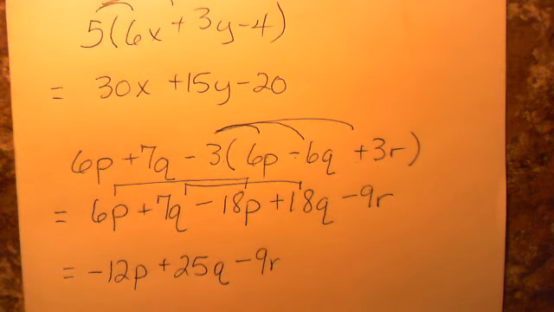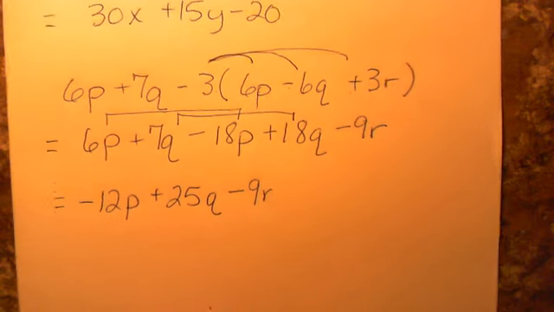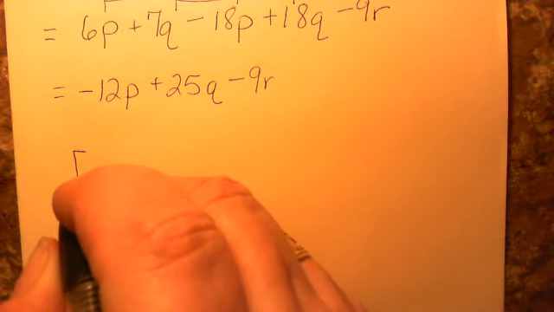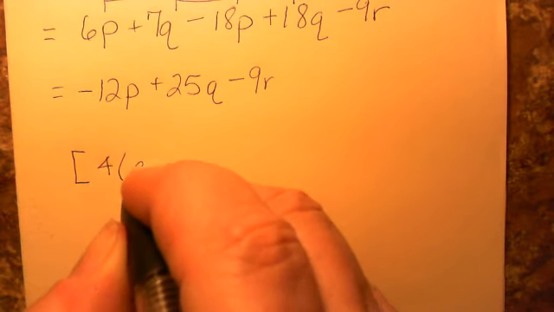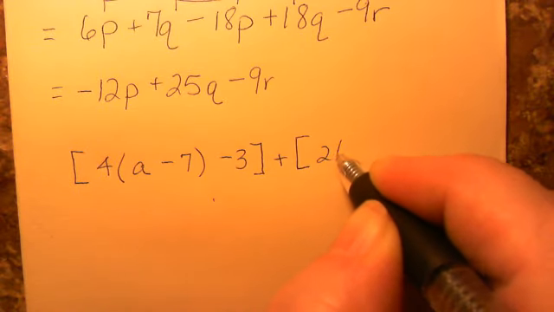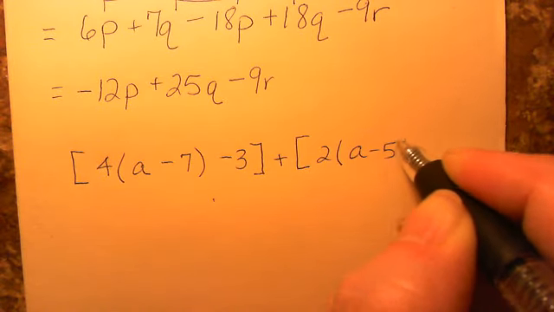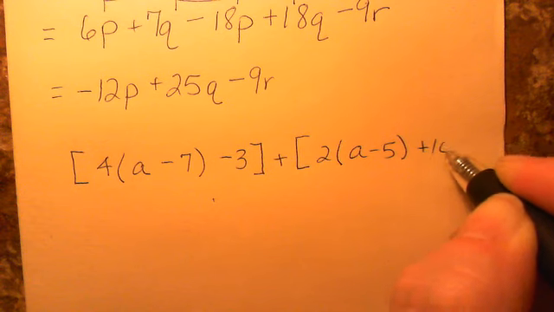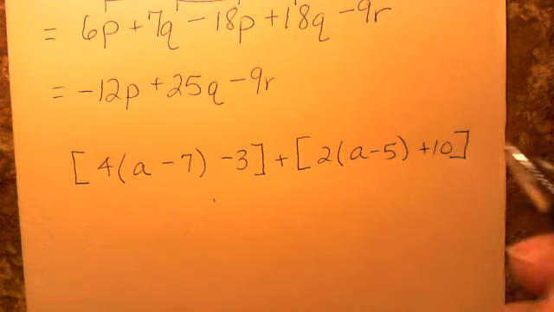Okay, let's look at another one similar to that with more parentheses. We'll look at 4. Start with a bracket, 4 parentheses a minus 7, close parentheses, minus 3, close bracket, plus open bracket 2 times a minus 5, close parentheses, plus 10, close bracket.